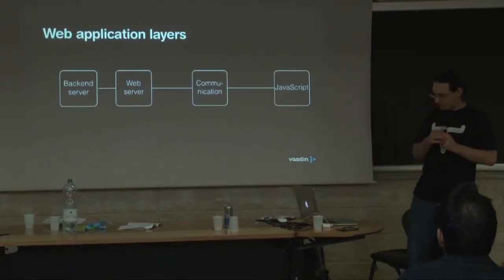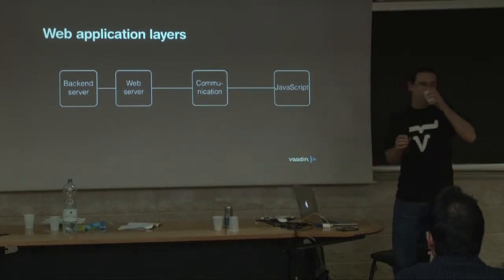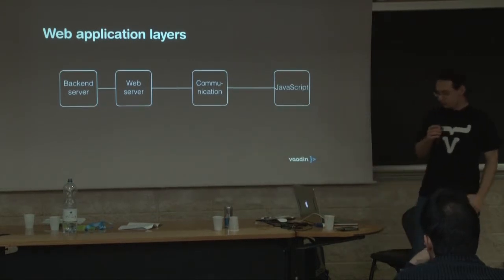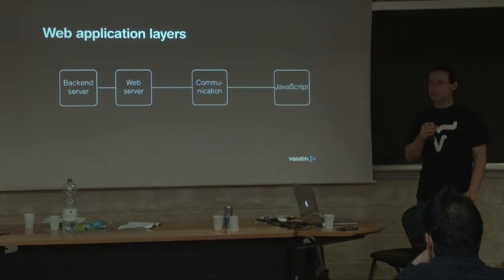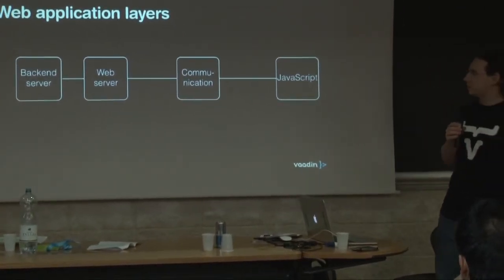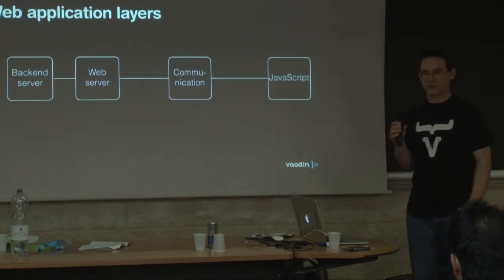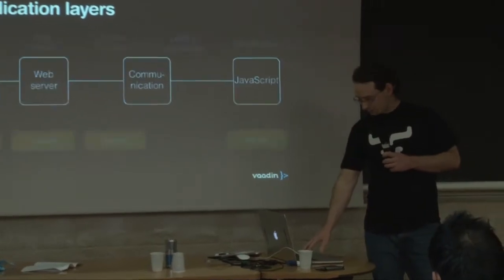Any web application has the following layers. You need some backend server to handle the data, the web server which will handle the web paging, dispatching, and communication between the web server and the client side. And on the client side, you need JavaScript.